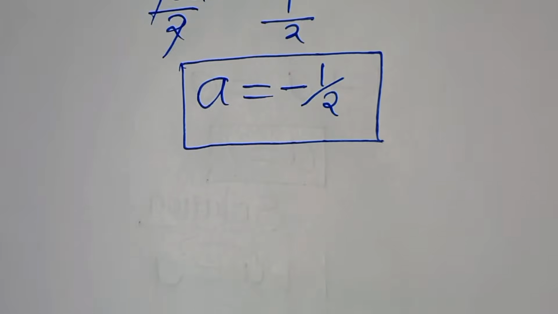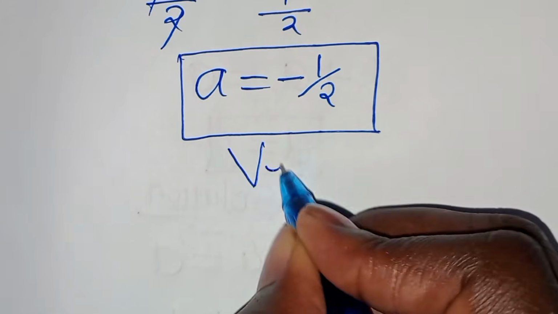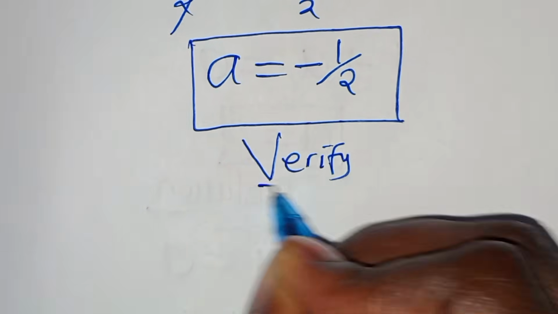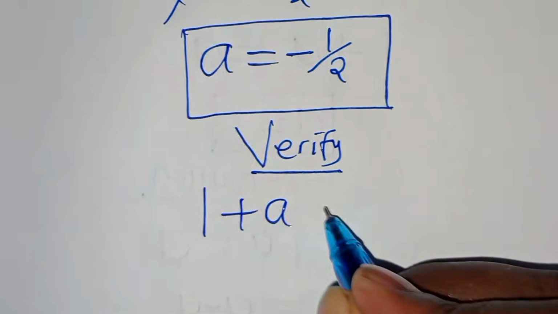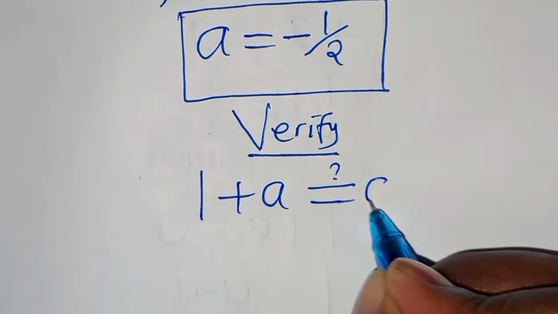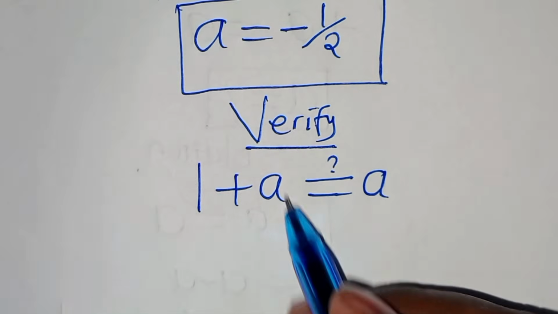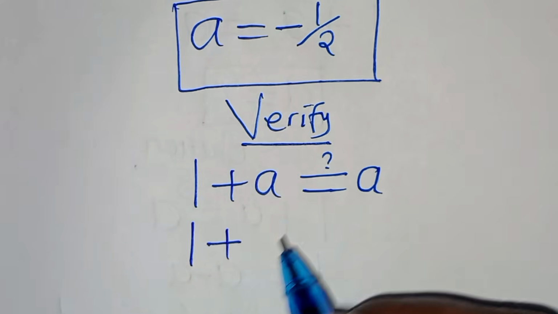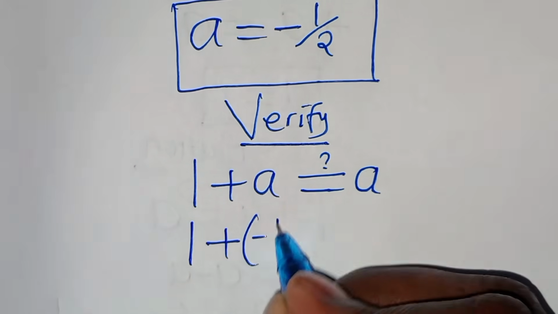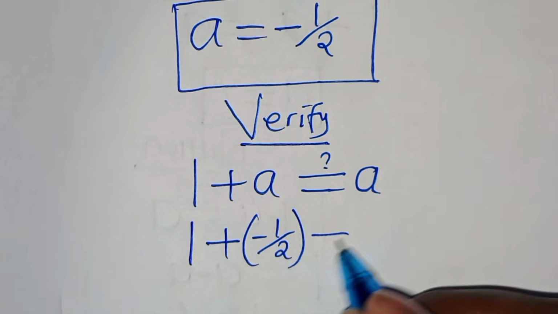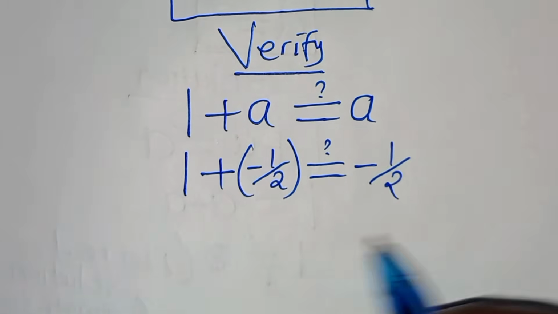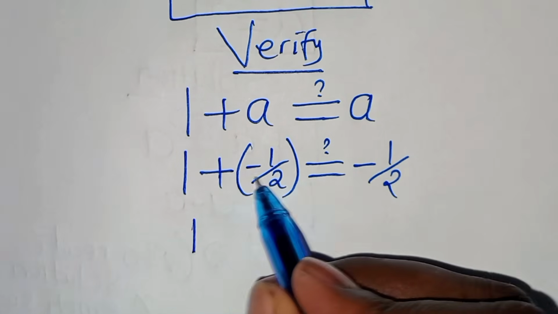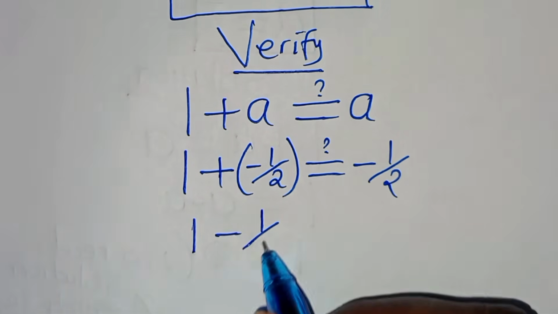Now, let's verify if this value of a satisfies the equation. So we have 1 plus a, which is supposed to give us a value of a. Let's substitute a here: 1 plus negative one half should be equal to negative one half. So this is 1 plus times minus half, which is minus half.